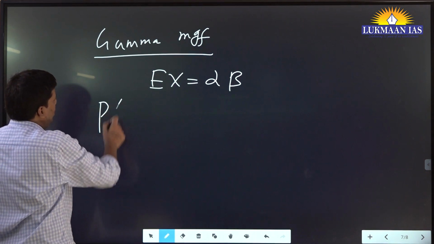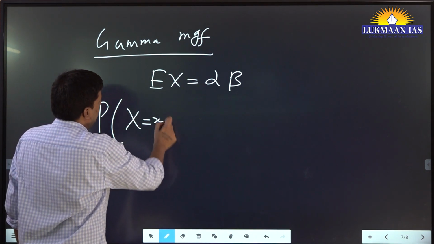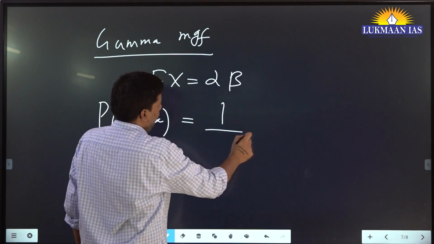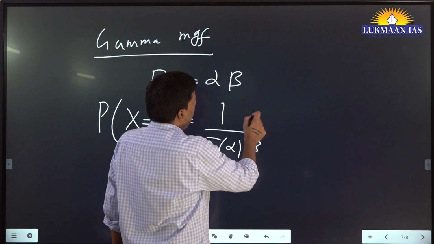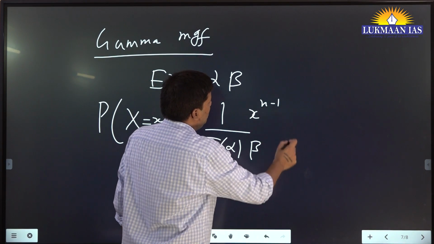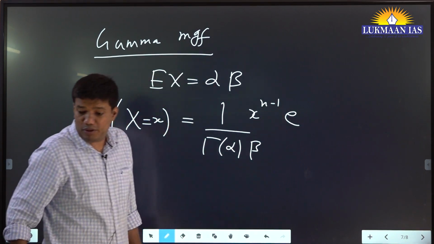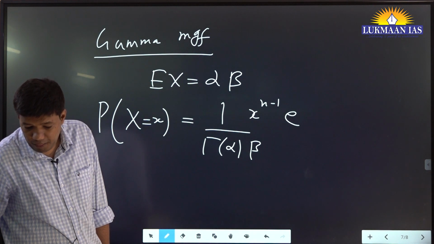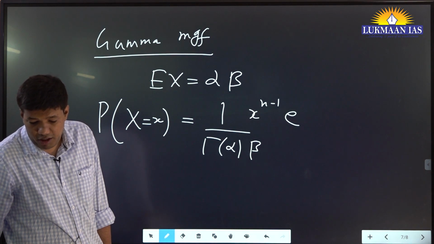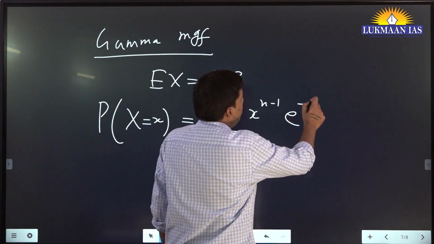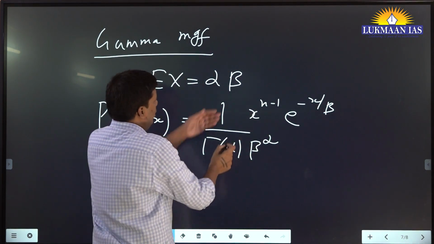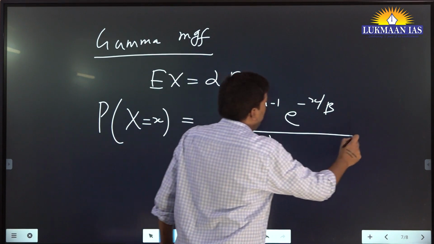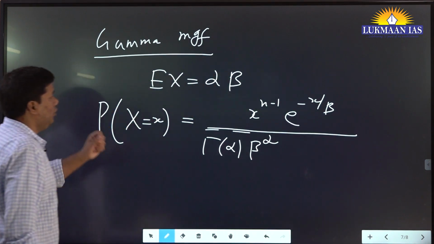Its PDF is given by 1 upon Gamma(alpha) beta^alpha, x to the power alpha minus 1, e to the power minus x by beta. Let me see what was the exact formula. Okay, this is your PDF for the gamma distribution.